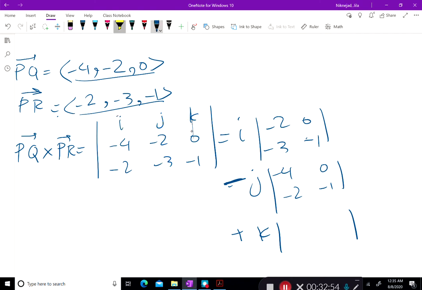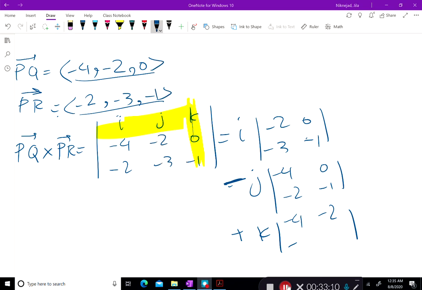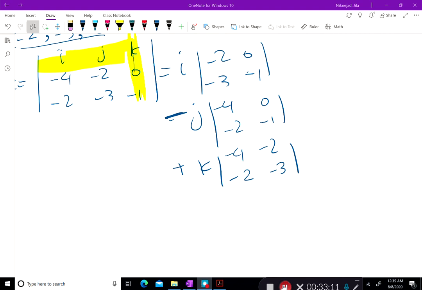Now for K, it's plus K, and let's eliminate everything that is in K's row and column, and what is left is -4, -2, -2, and now let's calculate. The first one is -2 times -1 minus 0 times -3.